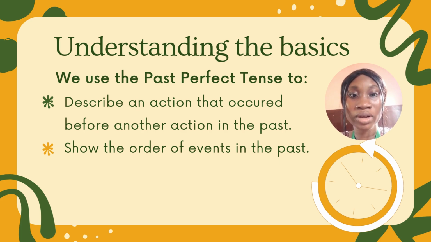So one is ending for another one to start. You understand? It shows the order of events in the past. Remember that there are two actions involved, an ended action and a starting action.